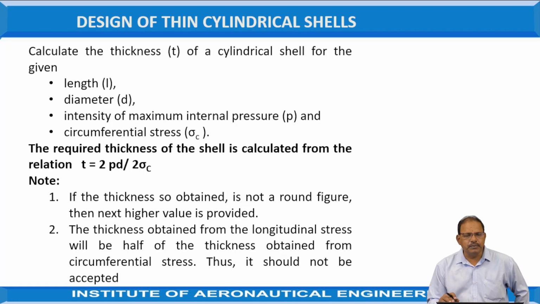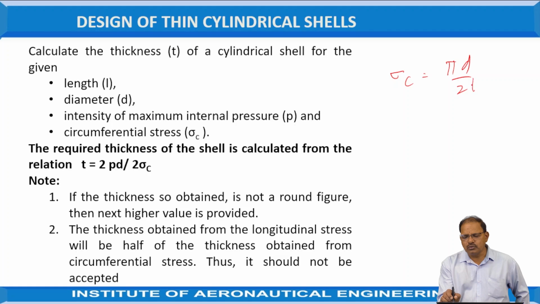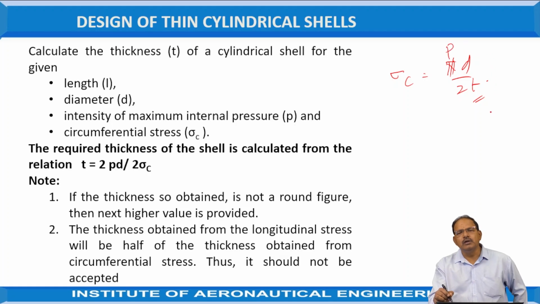According to our previous discussions, we have to consider only the circumferential stresses for designing a thin cylinder. So that equation is given by sigma C is equal to PD divided by 2T. P is already given for a particular pressure, and we have to determine how much thickness is required.